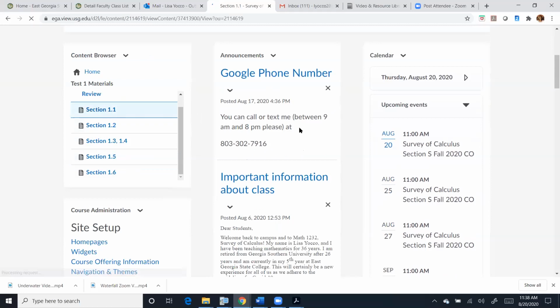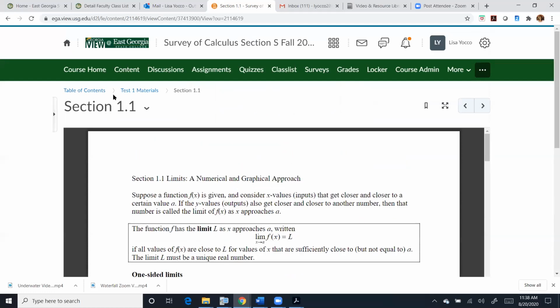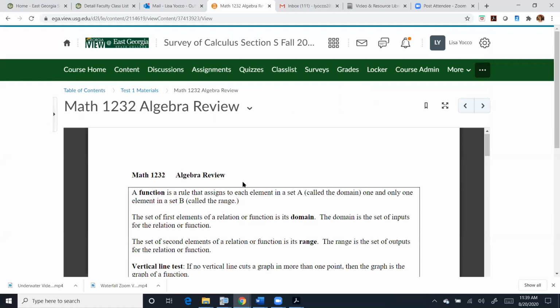Here's section 1.1. Actually, that's not the section we're doing, and that might be why you're asking. Oh, here it is. I'm sorry. It's the Math 1232 Algebra Review. All right. You got it? Yes, ma'am. Thank you.